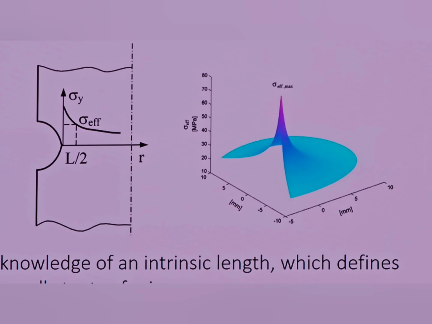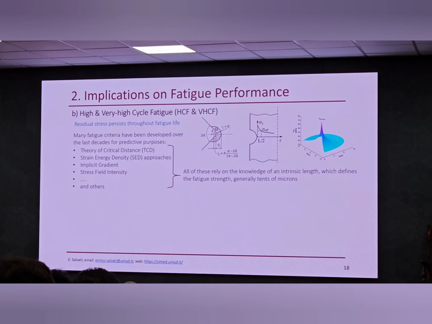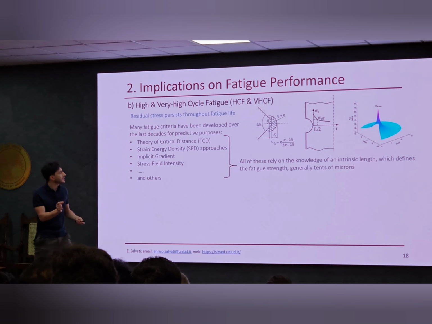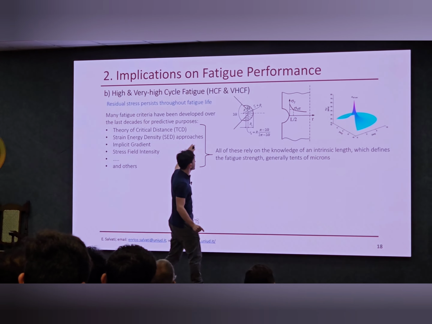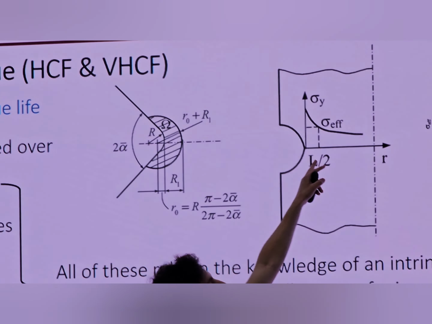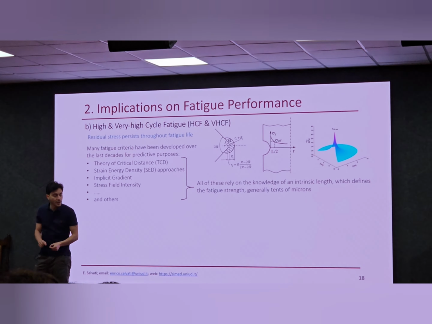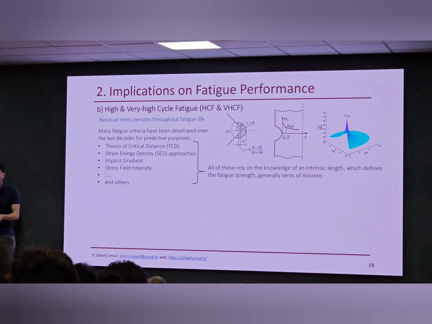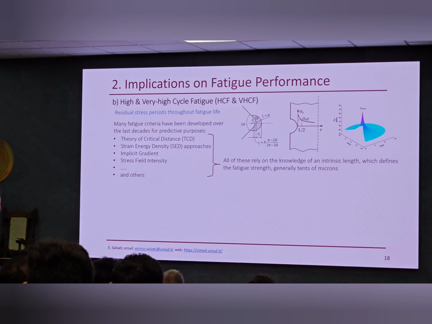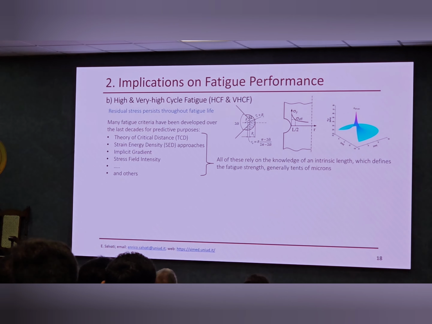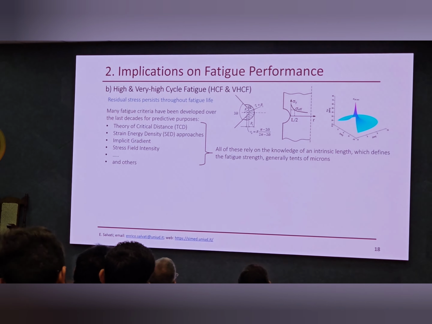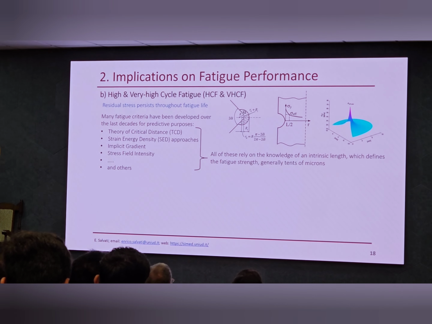With the critical distance theory, you define a distance and you pick the stress at that distance. Or with the strain energy density, you define an area or a volume and you average the strain energy on a certain volume or surface.